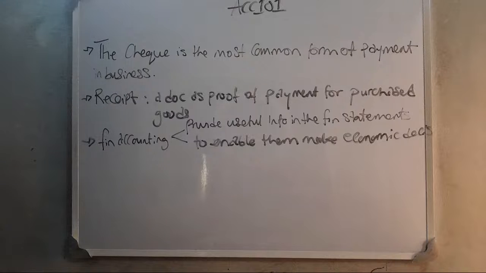So we have the book of prime entry. That's the main class for today, and as the thumbnail has it, it says the book of prime entry. Now the very first book of prime entry we want to talk about is the sales day book.